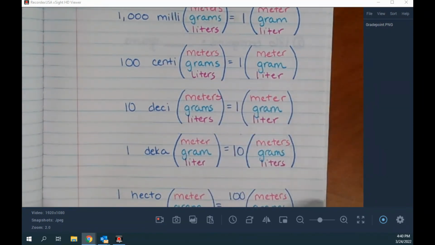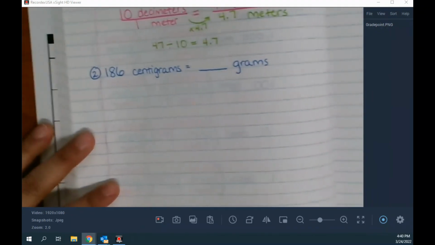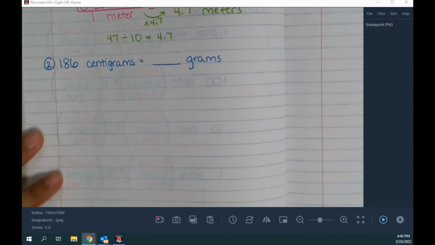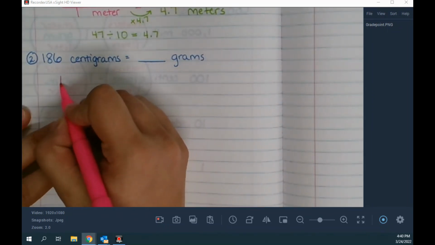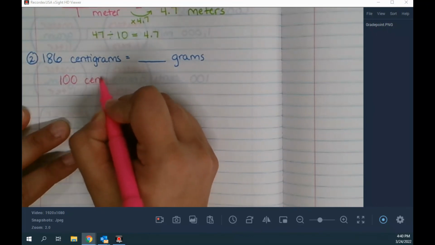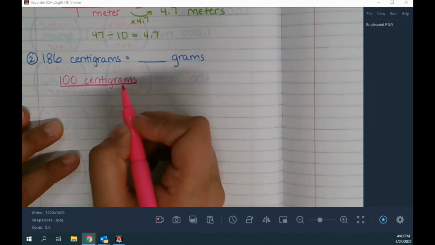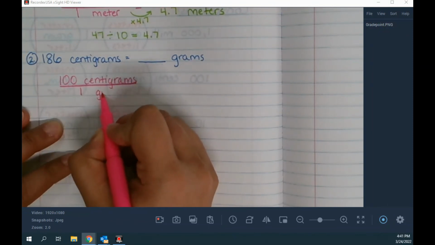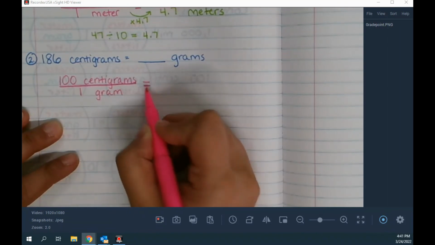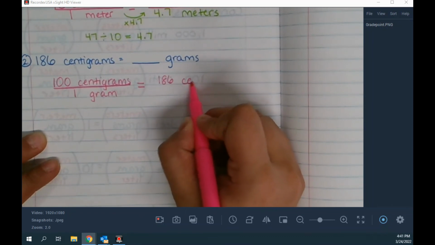So I'm going to write that as a rate: 100 centigrams per 1 gram. And I want to know, what if we have 186 centigrams?